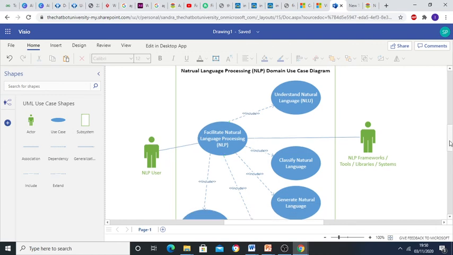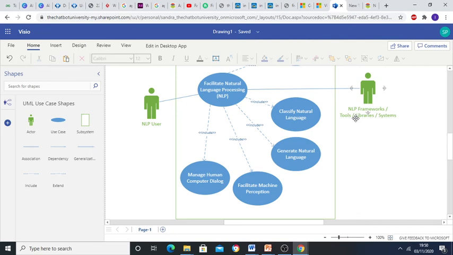So these tools and these frameworks make it possible. These are the tools, these are the algorithms, these are the various deep learning and machine learning. Remember the deep learning diagram and machine learning diagram. Those are the algorithms that make the output possible right here.